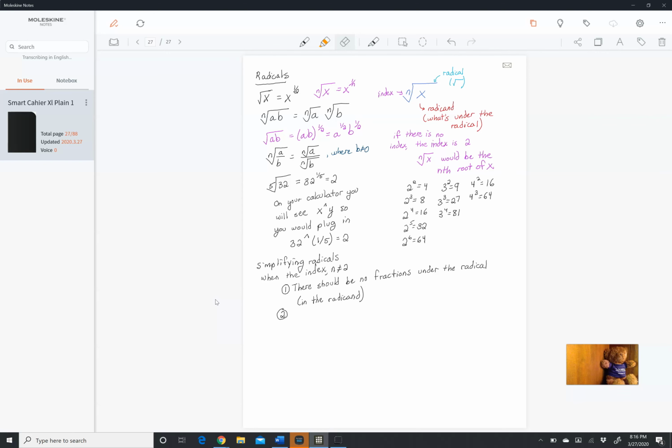The rational exponents are all going to be less than 1.